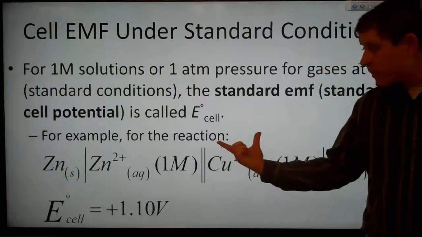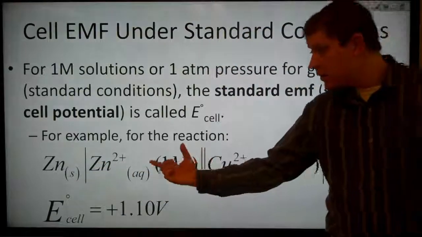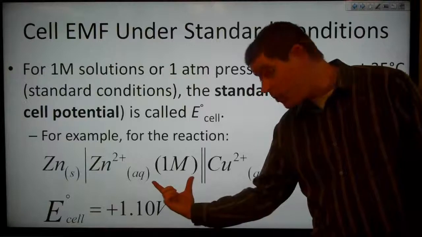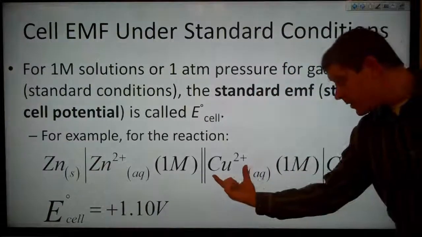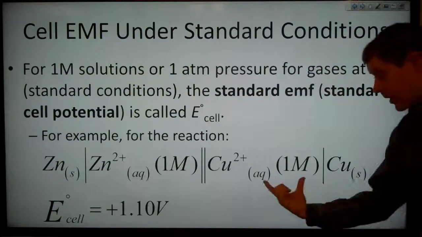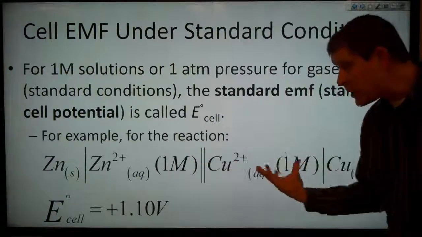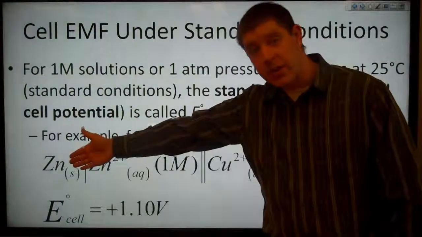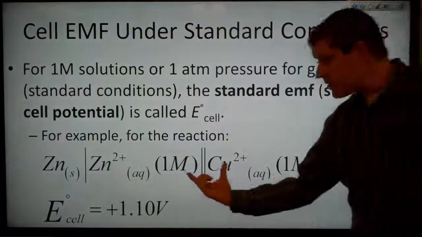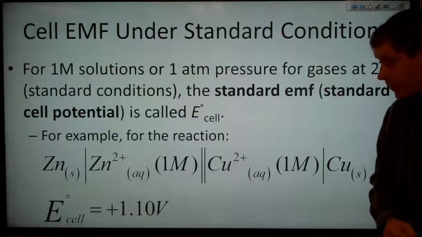And for this reaction then, we've got our zinc going to zinc 2+. If we set the concentration at 1 molar here, and the copper 2+ going to copper 0, the copper 2+ ion concentration is set at 1 molar, then everything is in its standard state, because standard state for solids is the pure solid there and here, and standard states for aqueous ions are concentrations of 1 molar.